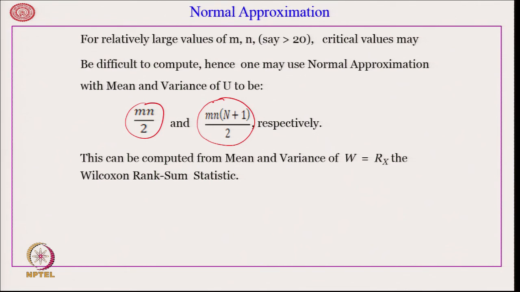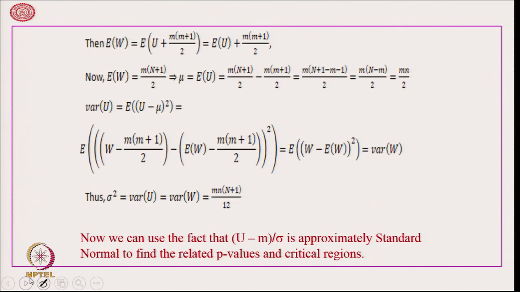This can be computed from the mean and variance of W equal to R x, which is the Wilcoxon rank sum statistic. How do we compute it? Expected value of W is equal to expected value of U plus m(m plus 1) by 2.